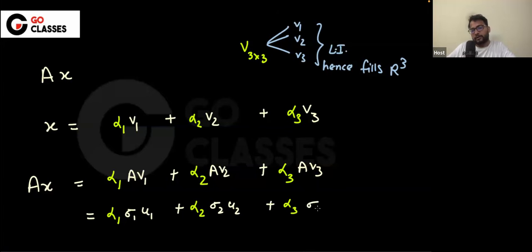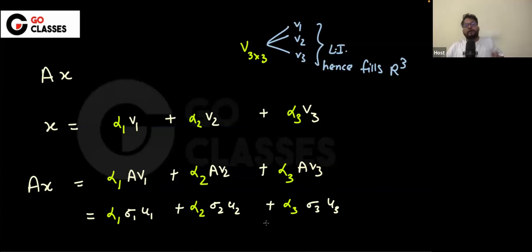So I'm just telling you what's going to happen if you multiply this x by A. Just seeing the things from a different angle, that's all. I'm representing x as a linear combination of v1, v2, v3 because we can do it, and then we know that Ax will be like this, right? So if you multiply with A, it will be sigma 1 u1 like this, right?